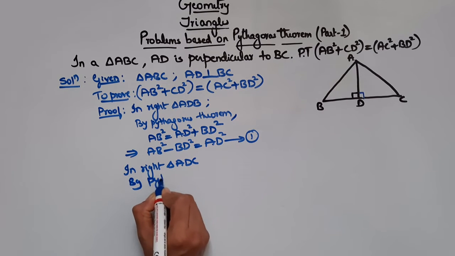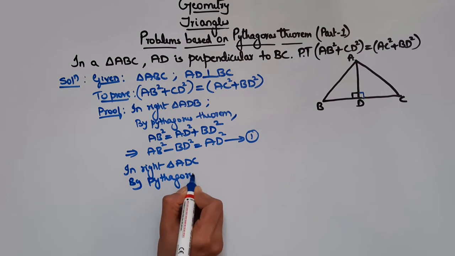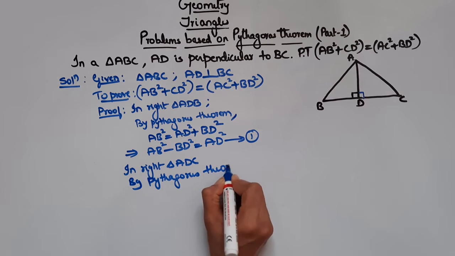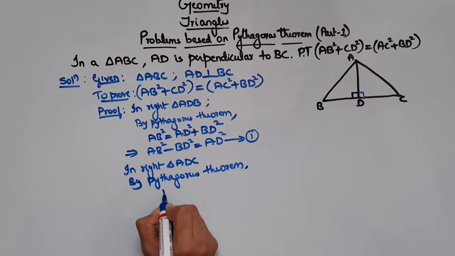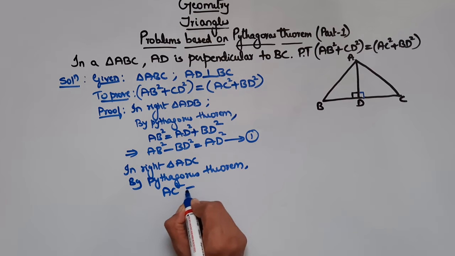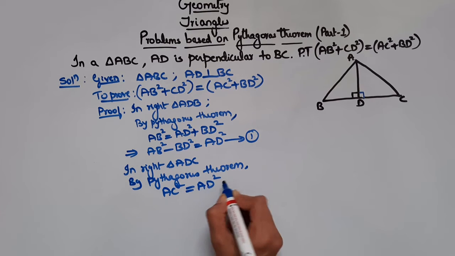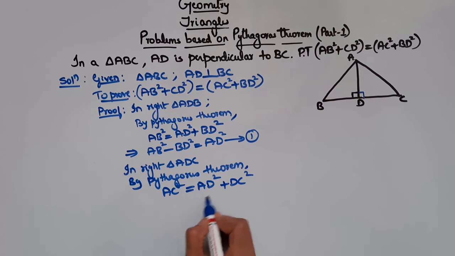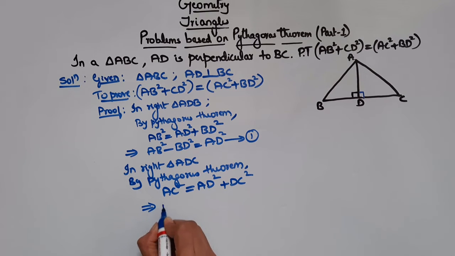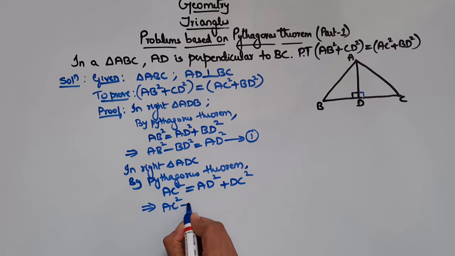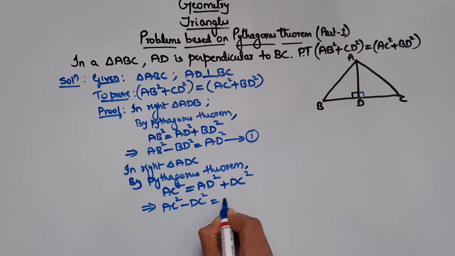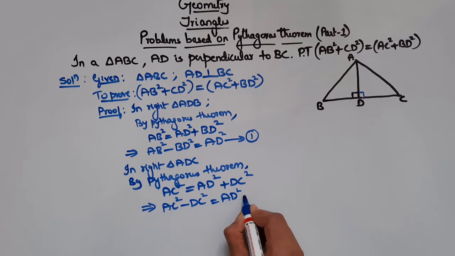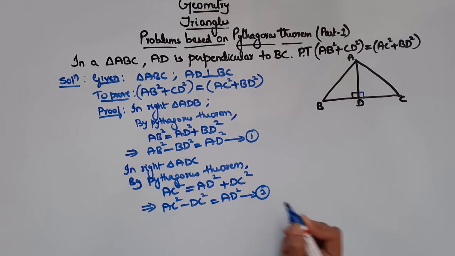By Pythagoras theorem, AC square is equal to AD square plus DC square. So AC square minus DC square is equal to AD square. Let's take this as equation 2.